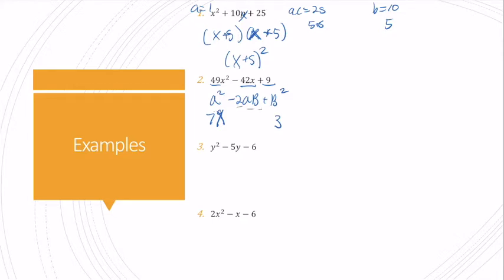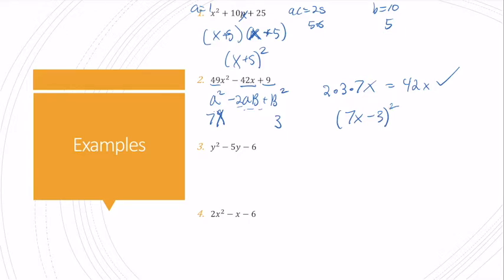Well, that'd be 2 times 3 times 7x, which would give me 6 times 7x, which is 42x. So this can factor into 7x minus 3 squared.